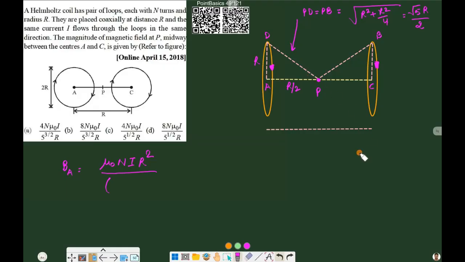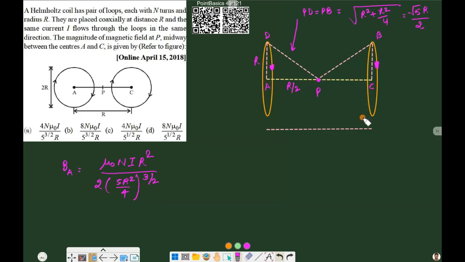Sorry, the square of this distance will be 5r square by 4, raised to the power 3 by 2. This is the value of the magnetic field due to this coil at point P.